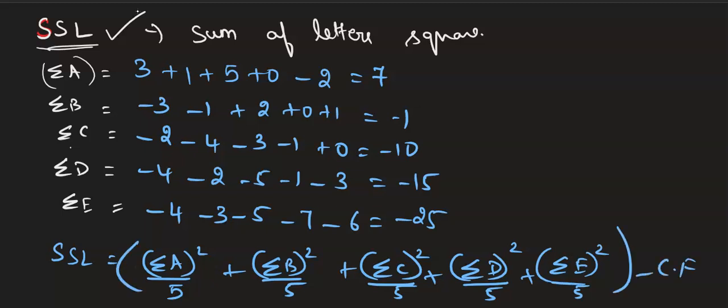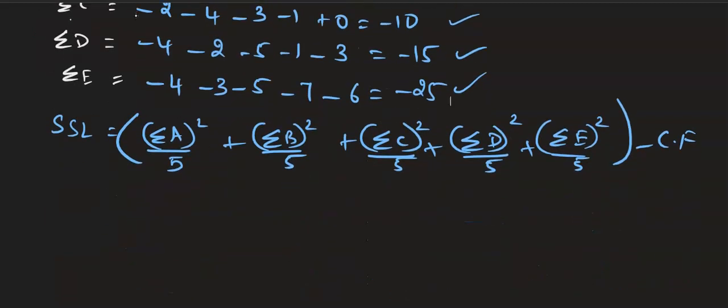Please keep this in mind. These squares or this sum is easy for us only because we have reduced the values from the given question. You can solve it as it is, but it will be too big and you may make some mistakes. So 122.56 is the answer. So SSL also we have got.